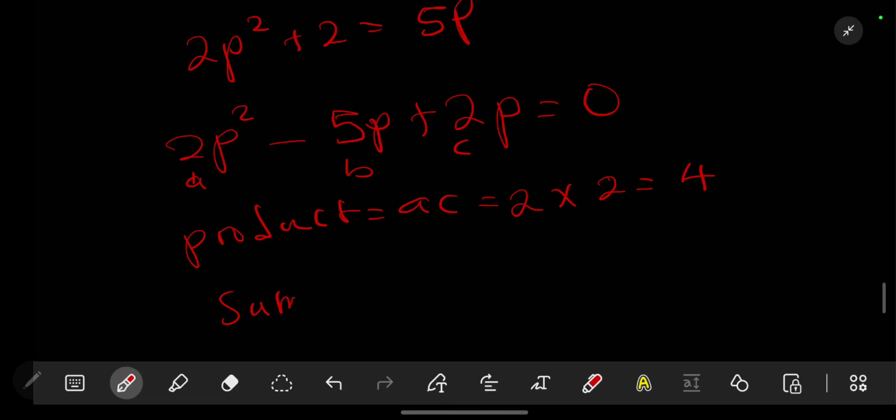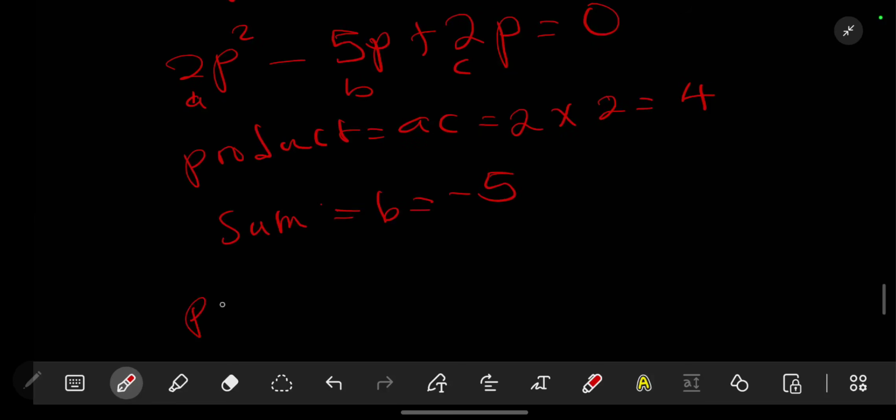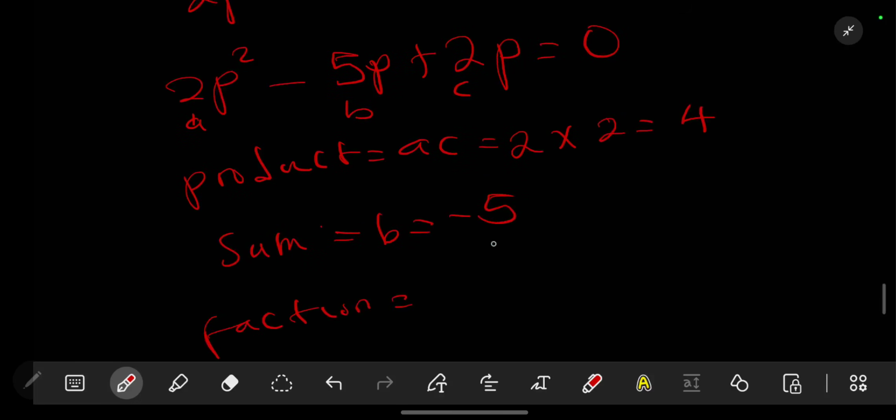Then the sum should be equal to B, which is negative 5. So two numbers that multiply to give positive 4 and add to give negative 5 are negative 4 and negative 1.